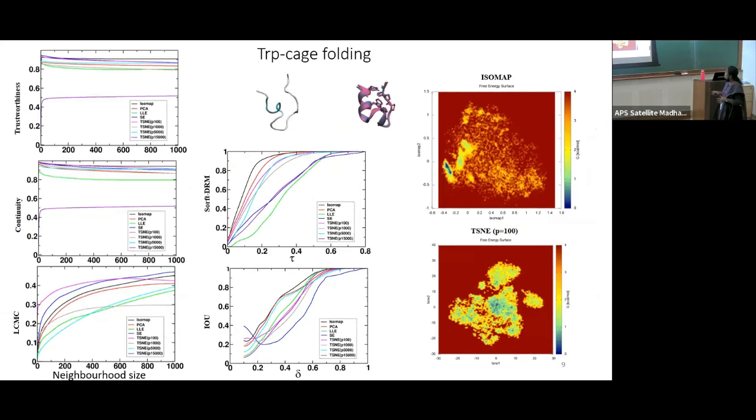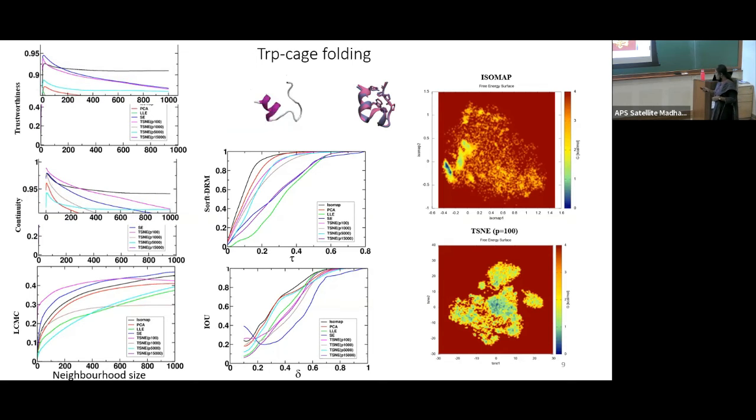Then we applied this on the Trp-cage folding similarly, and again isomap comes out on top in the distance-based ranking. But one thing we noted in these data sets is that when you have a low neighborhood size, meaning the local space similarity measurements, you can always see that TSNE comes first.